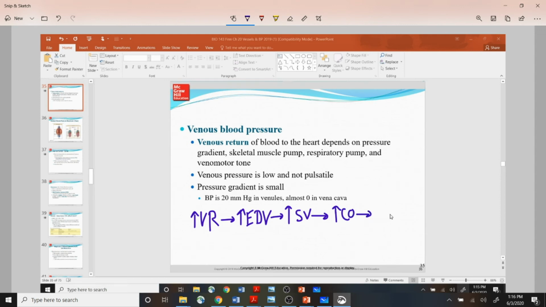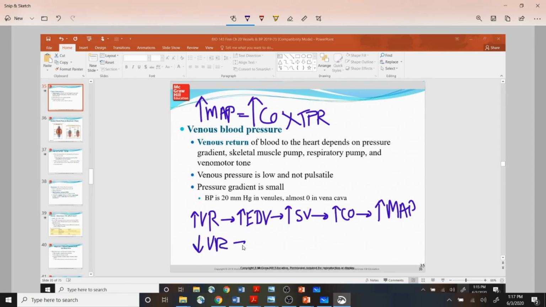More blood per unit of time can lead to more mean arterial pressure. And by the way, if we don't expand the equation, the same principles apply: if cardiac output increases, mean arterial pressure increases, right? If cardiac output decreases, mean arterial pressure decreases. So if there's less blood flow coming into the heart, then each of these would be less.